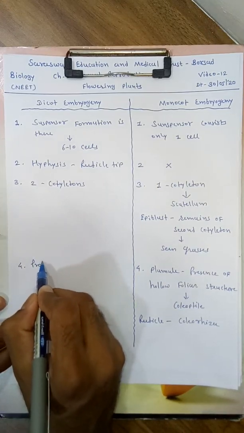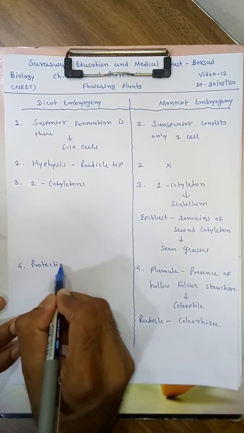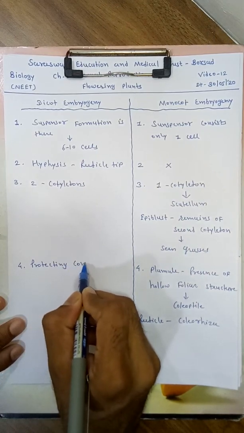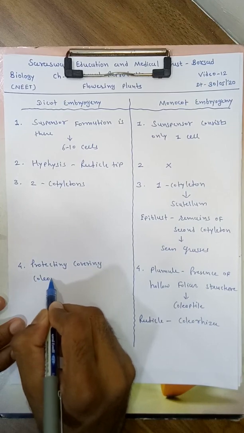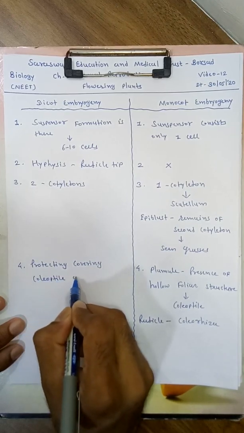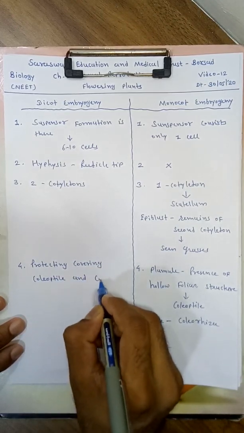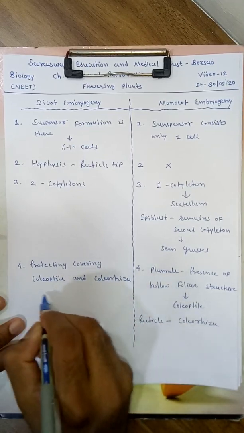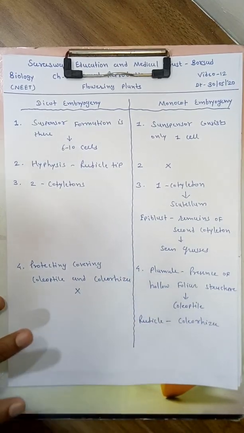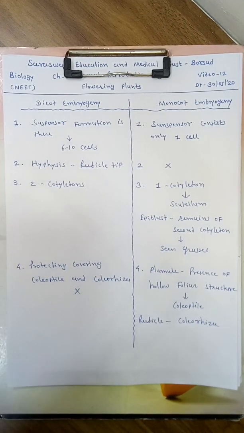So protecting coverings, coleoptile and coleorhiza, are absent. Okay, so these are the differences between dicot and monocot plants.